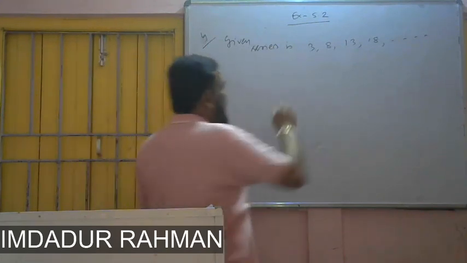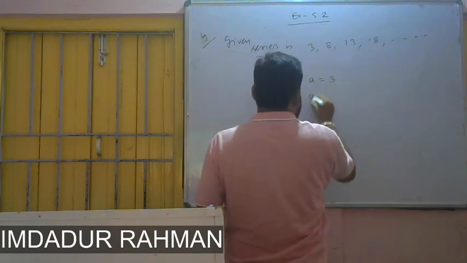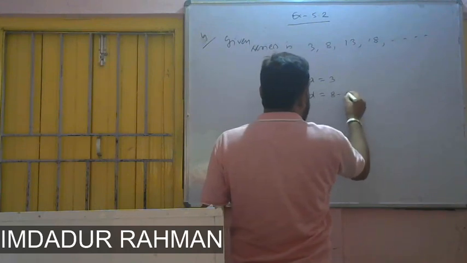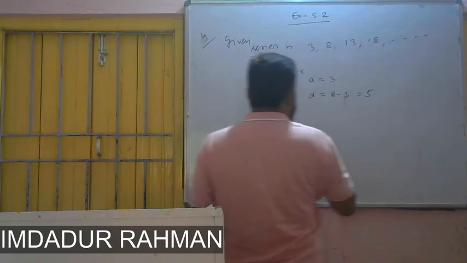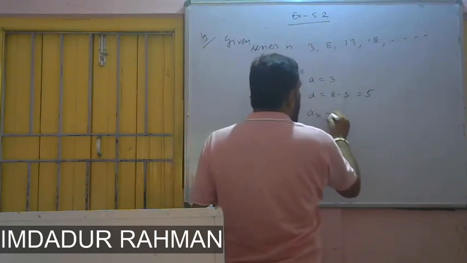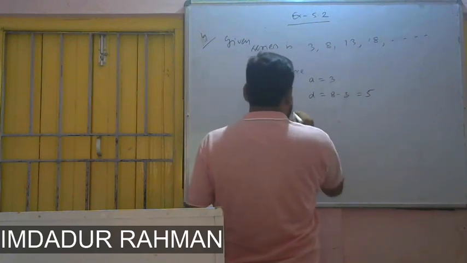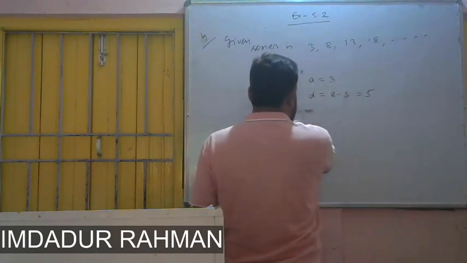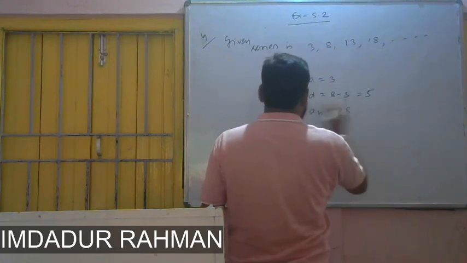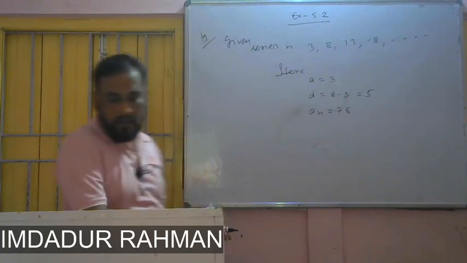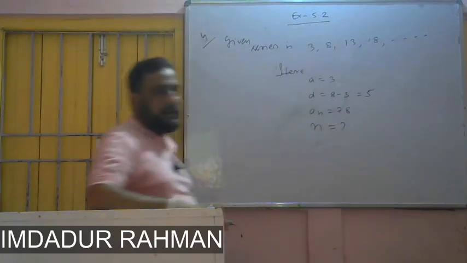Here A is equal to 3, and common difference D is equal to second term minus first term, which is 5. We have to find out N. Given AN is equal to 78. One of the terms is given as 78, and we have to find out which term it is.